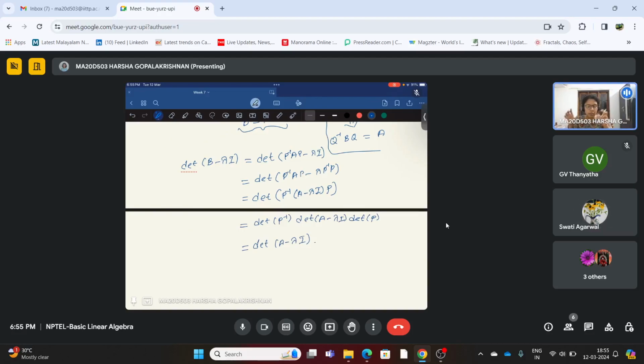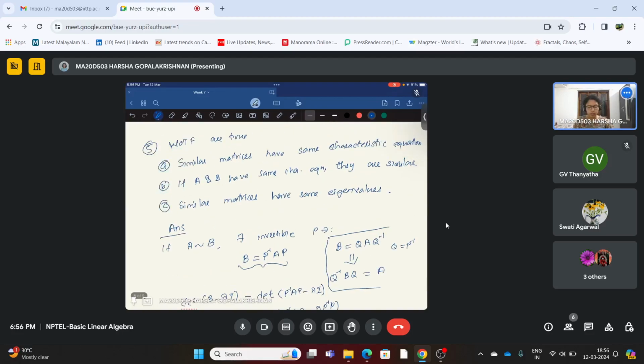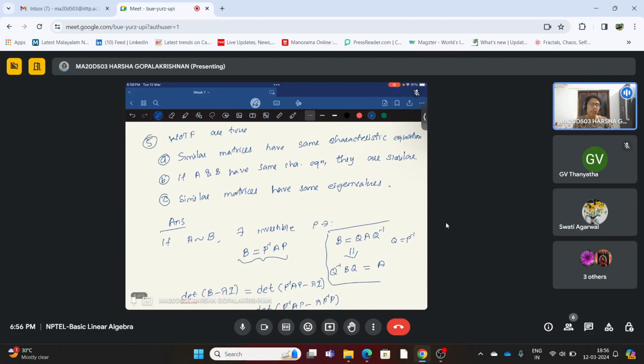Because the determinant of P inverse is 1 by determinant of P, since it is invertible, the first and third terms get cancelled. So the determinant of B minus lambda I and the determinant of A minus lambda I are the same. That is, the characteristic equation of B is the same as the characteristic equation of A when A and B are similar. Fine. Now what about the converse? If A and B have the same characteristic equation, are they similar?